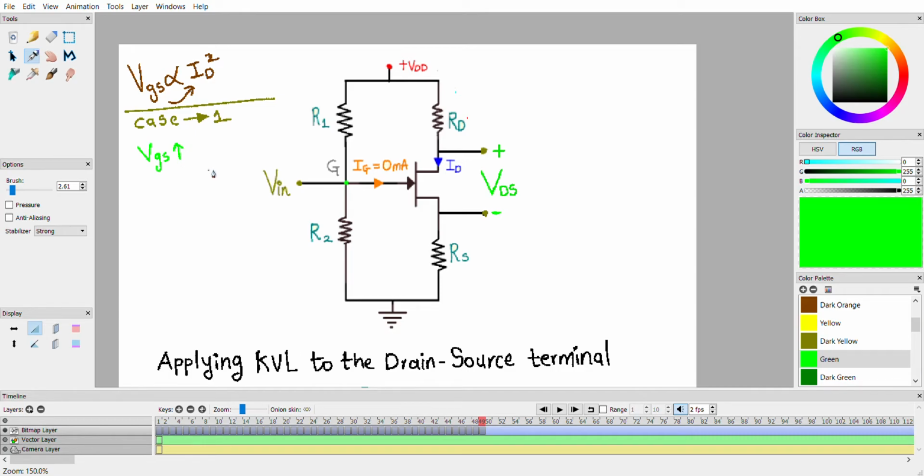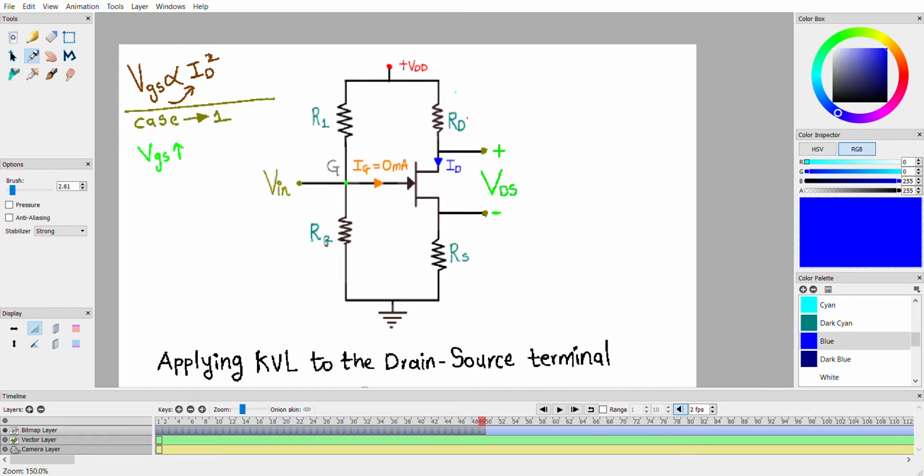That means the input voltage we applied is sinusoidal, so it is AC in nature, and right now we are considering the positive half. I am trying to analyze this particular part, as you can see.